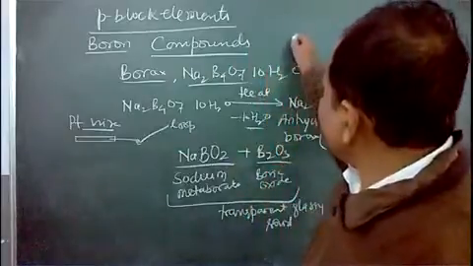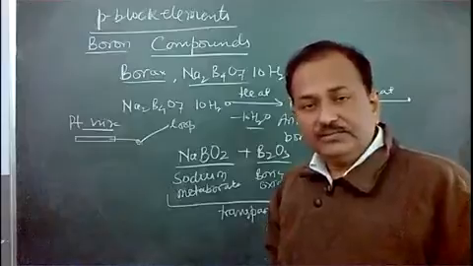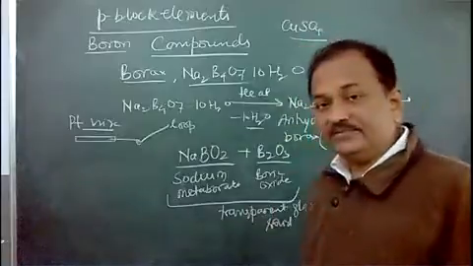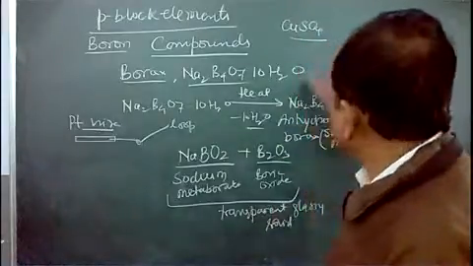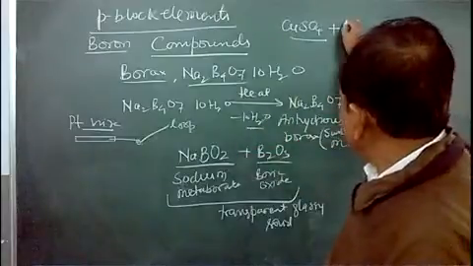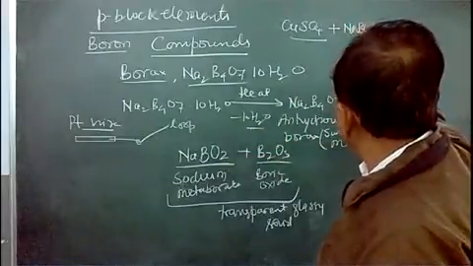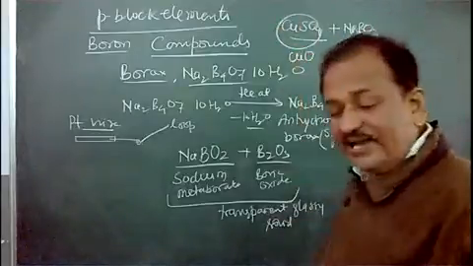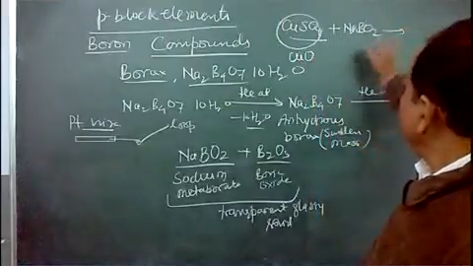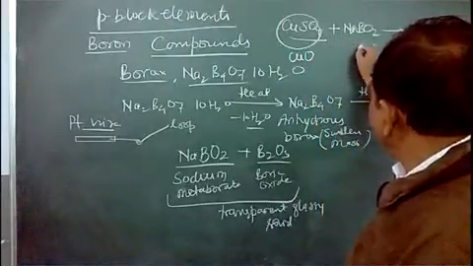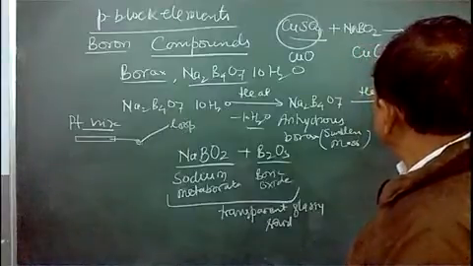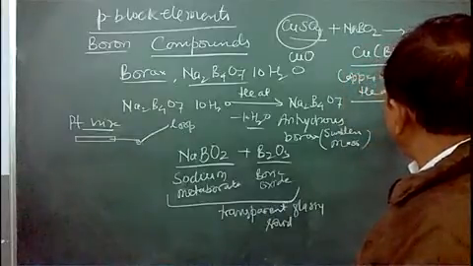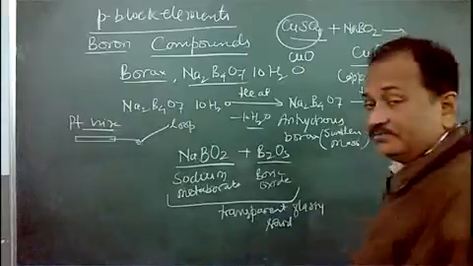Now we take any salt, suppose we take copper sulfate. With this NaBO2, copper sulfate on heating forms copper oxide, and as a result there is formation of Cu(BO2)2, copper metaborate.